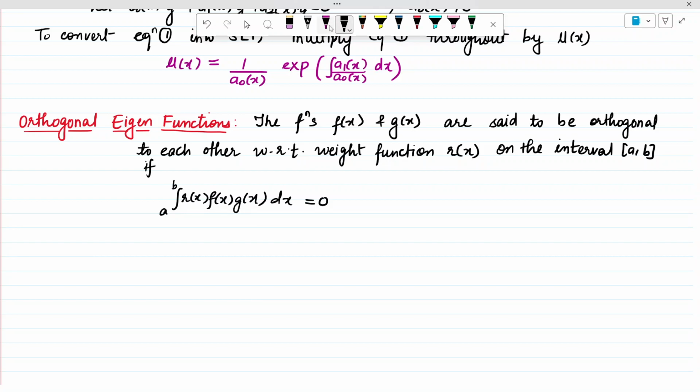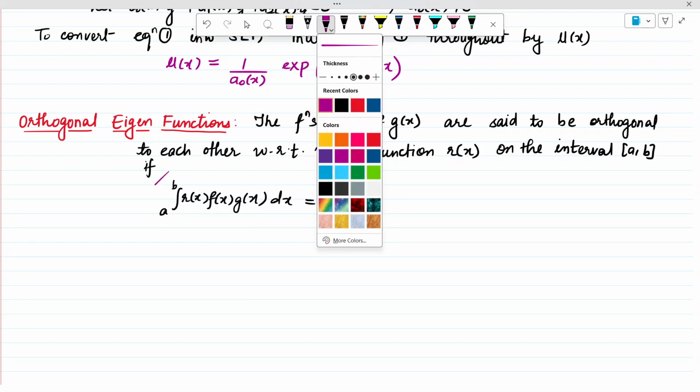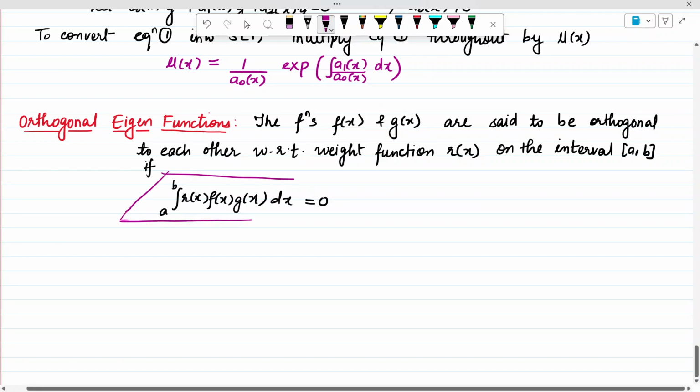So this is your condition for orthogonality. We say two functions are orthogonal with respect to the weight function r of x if this is the case.